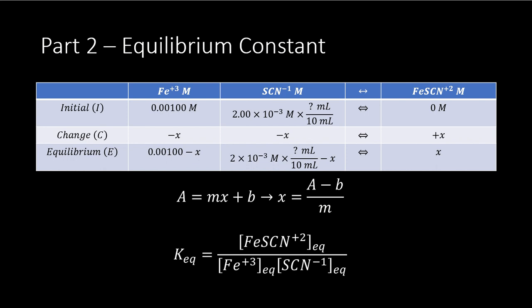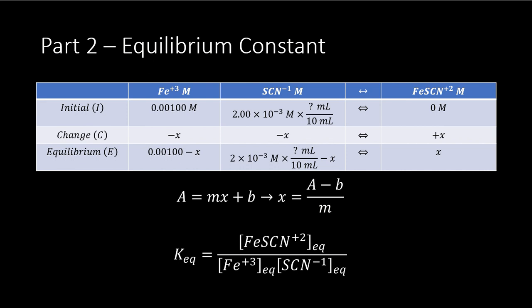Therefore, you can also use that to determine the concentration at equilibrium of iron 3 plus, which is just 0.001 minus that change factor, and similarly determine the equilibrium concentration of thiocyanate anion.